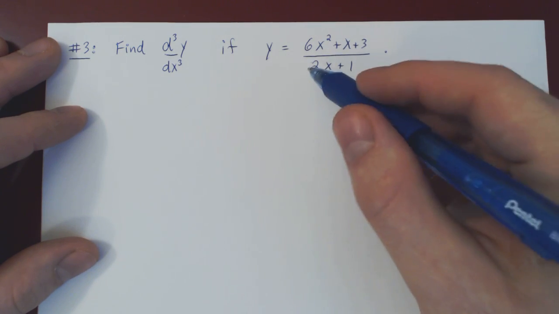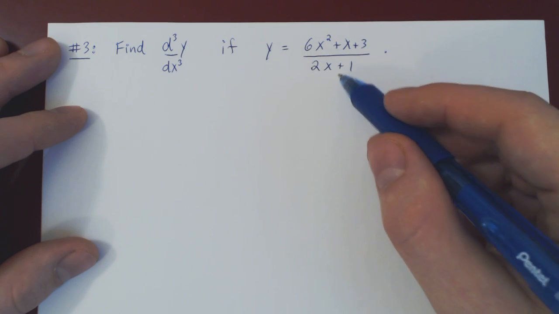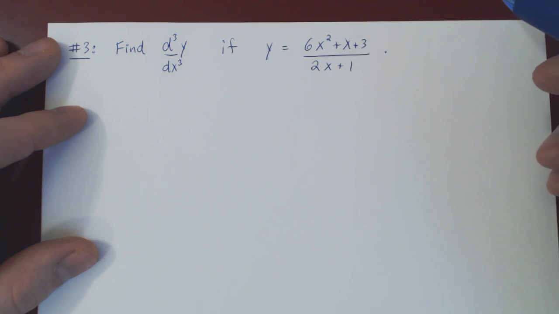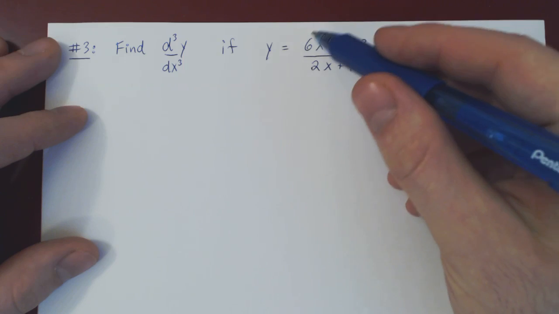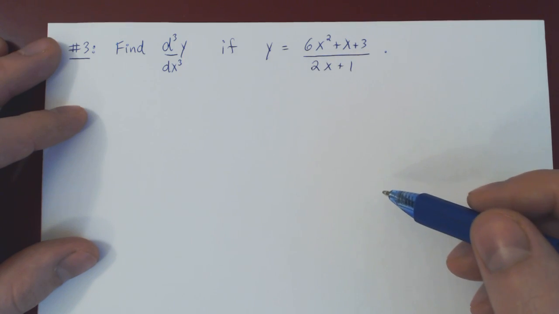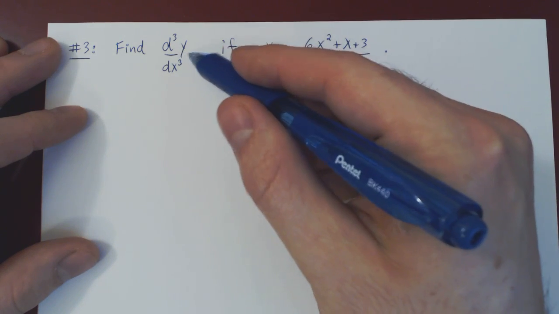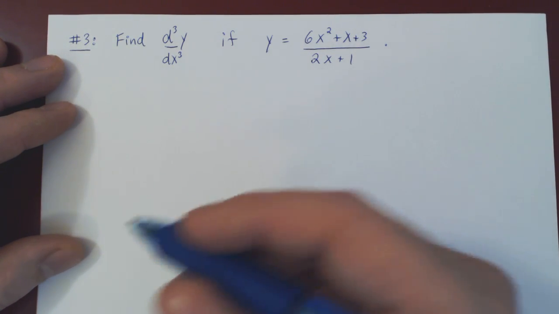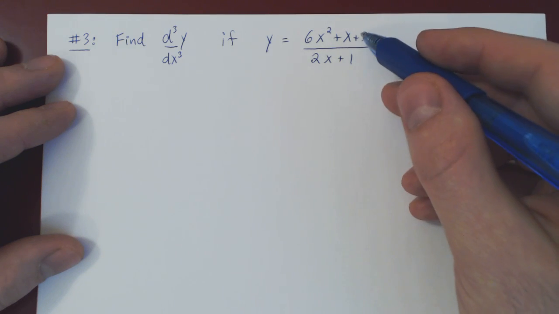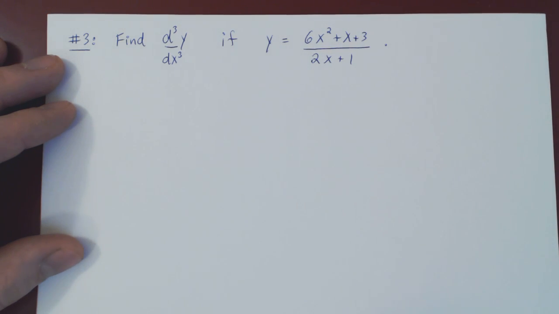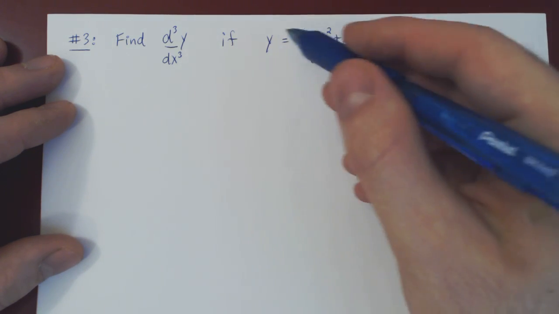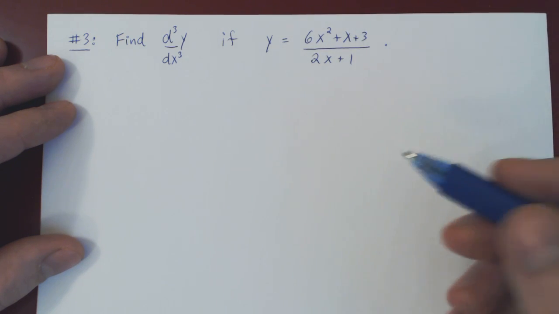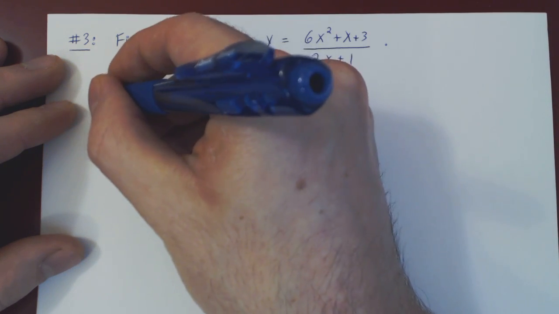If you remember, what we have here is a rational function, a quotient of 2 polynomials. So we can try and perform long division here and see if perhaps this helps us obtain the third derivative in an easier fashion. And as you'll see, the answer is yes. The function that will result from our long division will be much easier to differentiate than the original function. So let's perform this long division.